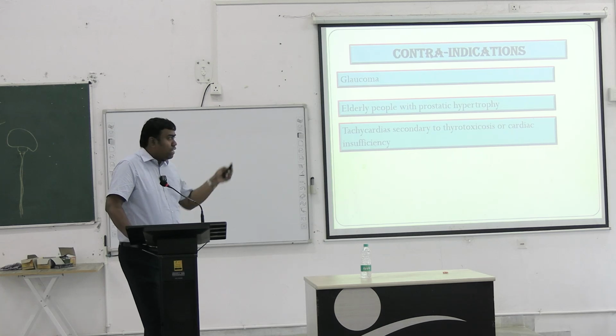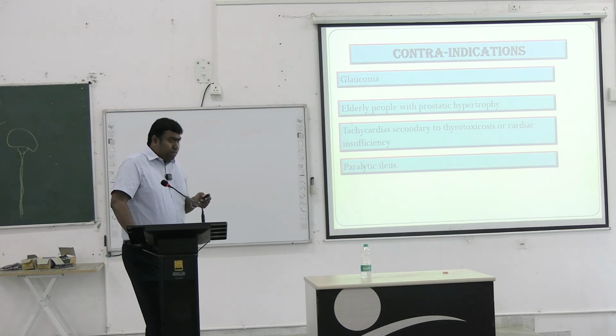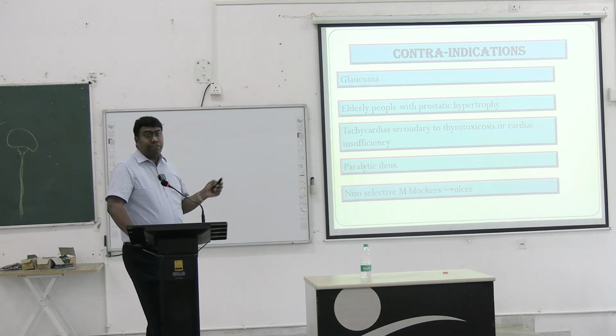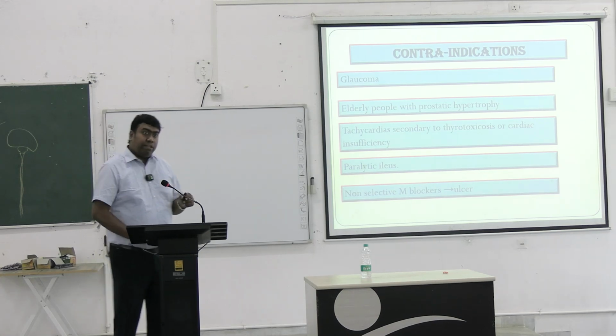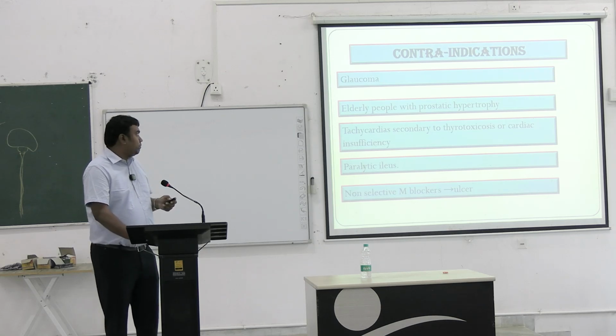Tachycardia secondary to thyrotoxicosis or cardiac insufficiency. Cardiac insufficiency means heart failure, congestive heart failure. Paralytic ileus. Non-selective M blocker and ulcer: in ulcer it can precipitate if it is non-selective. The selective one, pirenzepine, can be used in ulcer, but the non-selective one can precipitate ulcer also.